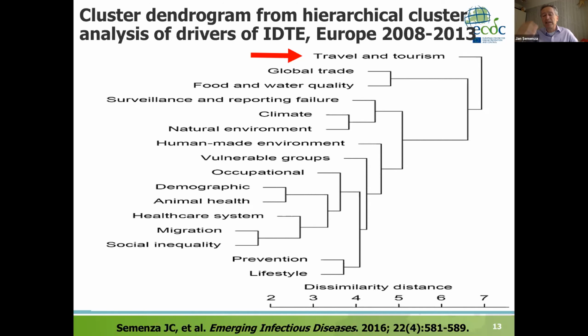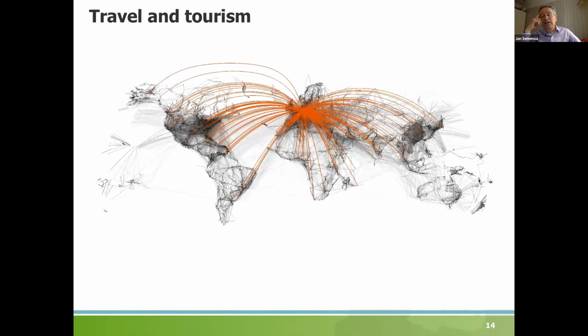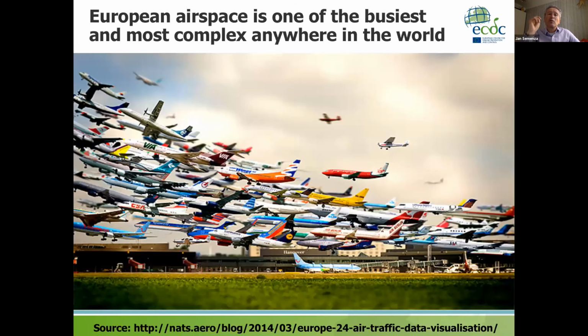Travel and tourism is the top contributor to epidemic events in Europe, illustrated figuratively here on the slide, where you can see air passenger volume coming into Europe from all over the world. And in fact, the European airspace is one of the busiest airspaces in the world.